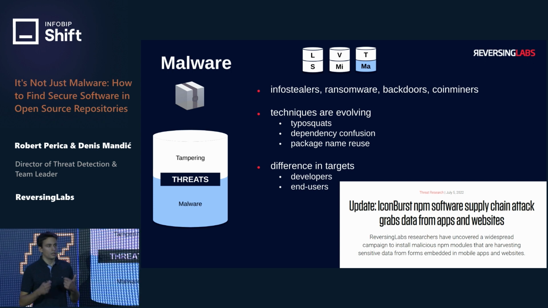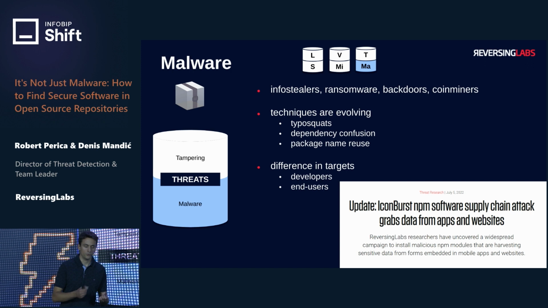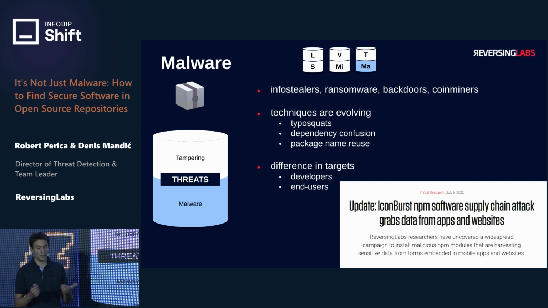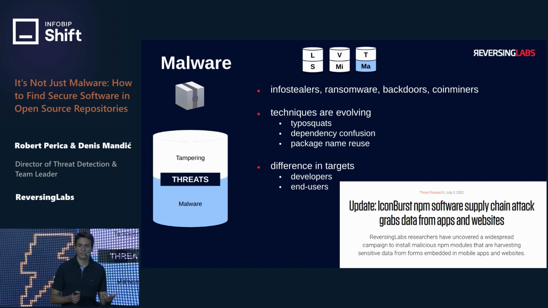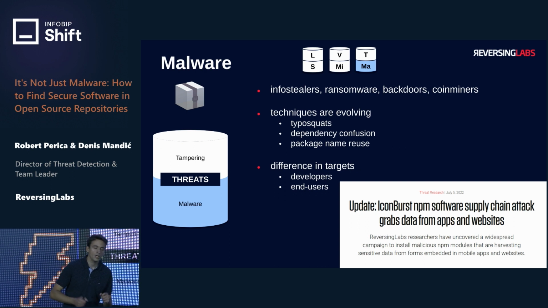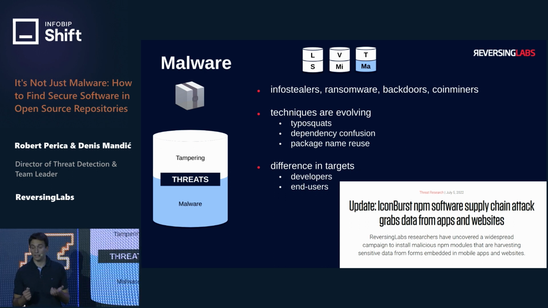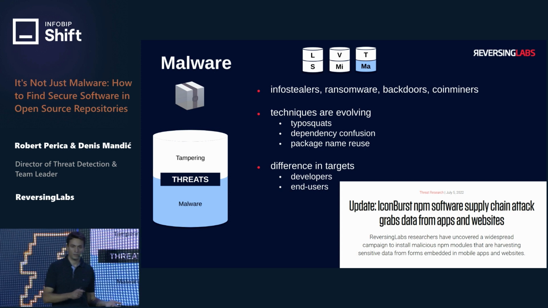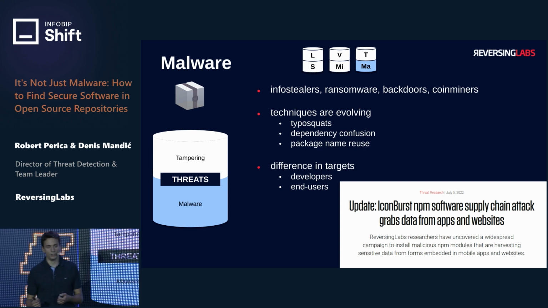One, due to the ease with which malicious code can be submitted to those repositories. In the beginning, attackers only used typosquats, simple package name permutations. Then they moved on to dependency confusion, reusing abandoned package names, and so on. The second reason is the potential target audience, and that is primarily developers.